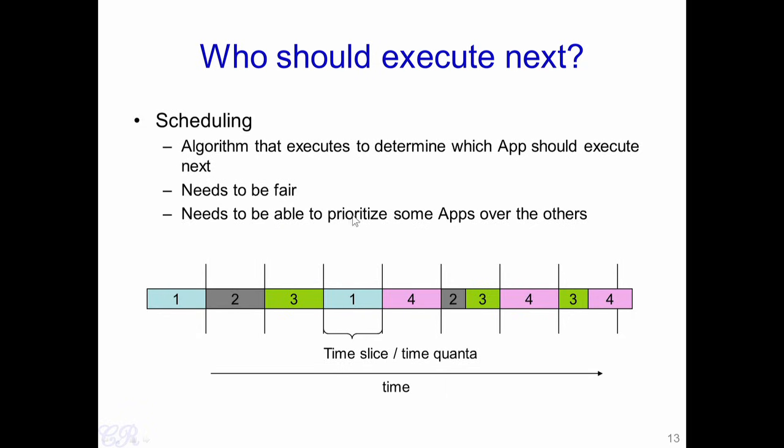What we mean by this is that we could have some applications which are far more important than other applications, and these applications need to be prioritized. In other words, these high priority applications should be given more CPU time to execute, and the scheduler should ensure that they do not wait too long to execute on the CPU.